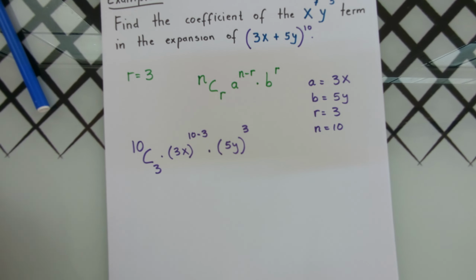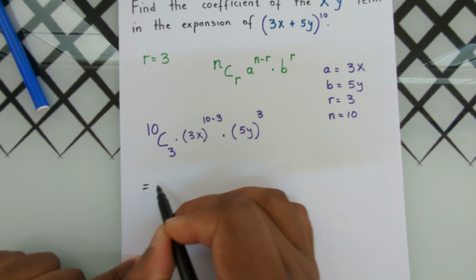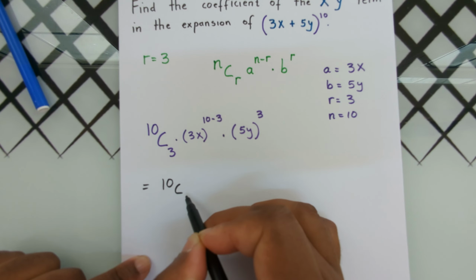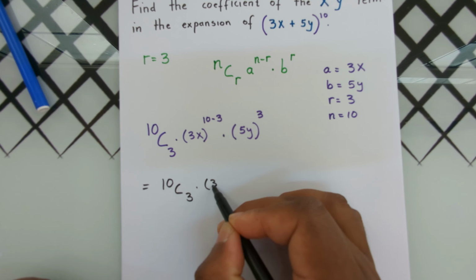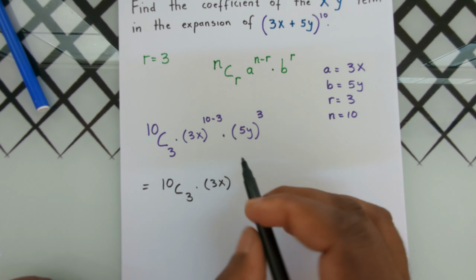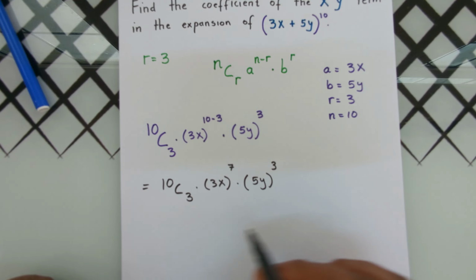So this should give us the answer that we want. This is the same as saying 10 choose 3 multiplied by 3x to the power 10 minus 3, that's 7, being multiplied by 5y to the power of 3.